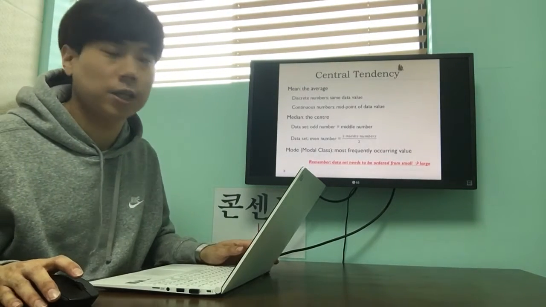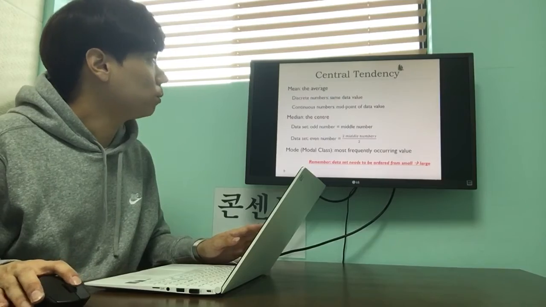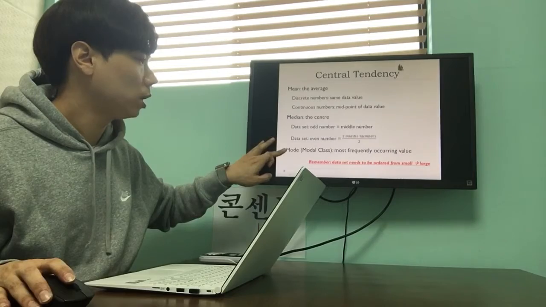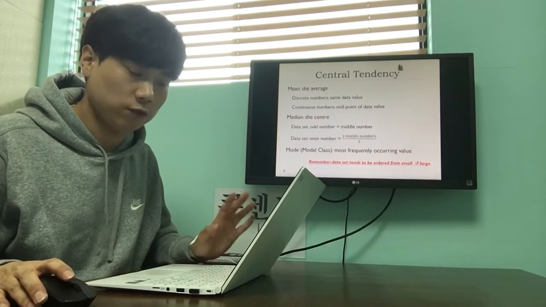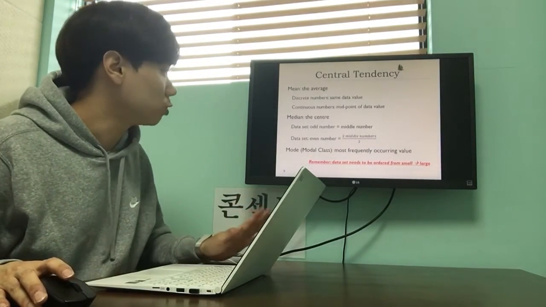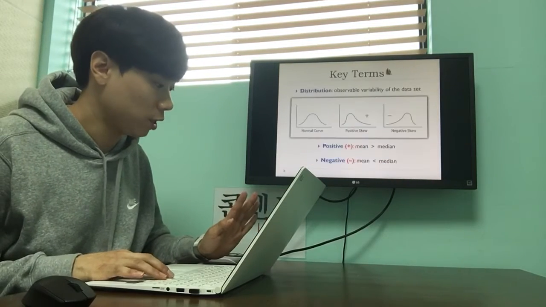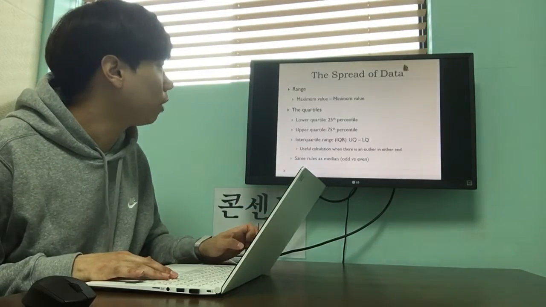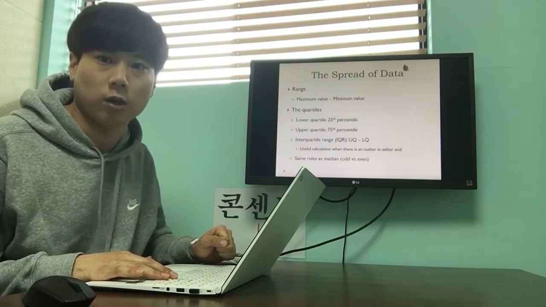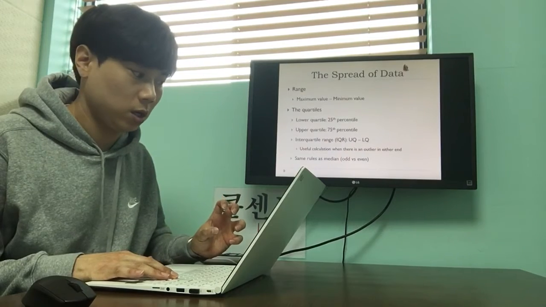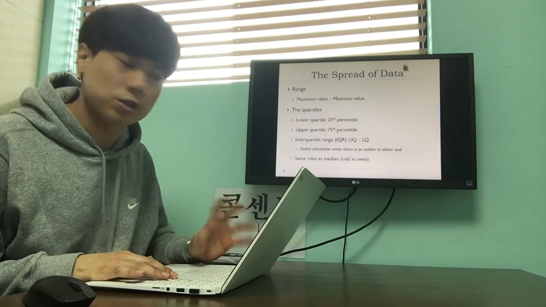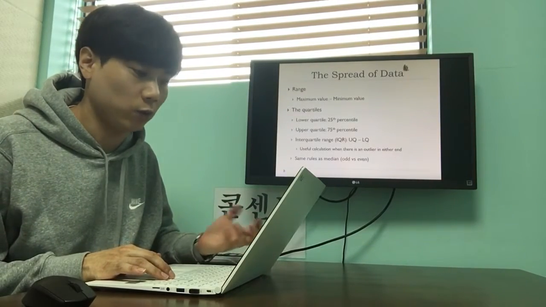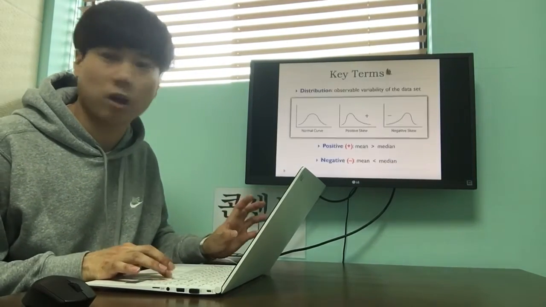Here you will see central tendency, and I've got mean, median, and mode. There are 5 measures that we use for central tendency, but in this class I just want you to be familiar with the first 3. Of course, if you want to know the 5, there is range and the quartiles. If I was just to teach you the formula and how to calculate, we could do this in 5 minutes, but that's not what I want from this class.